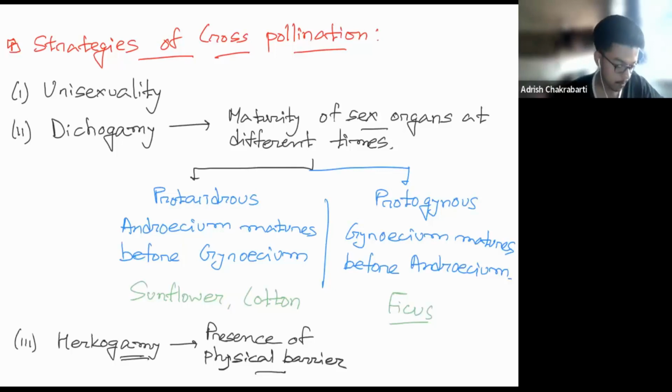So now what does this mean? I'm giving you a detailed statement. In this particular condition, the male and female sex organs are separated with the help of some physical barrier, which prevents self-pollination. So now how does it happen?